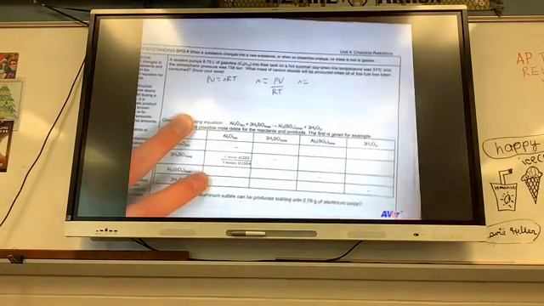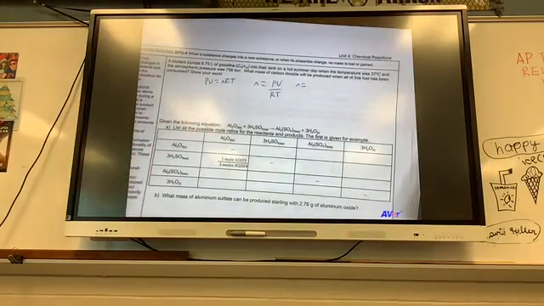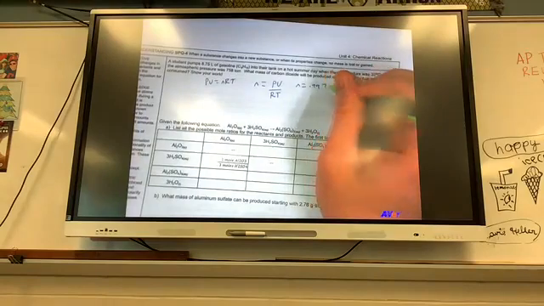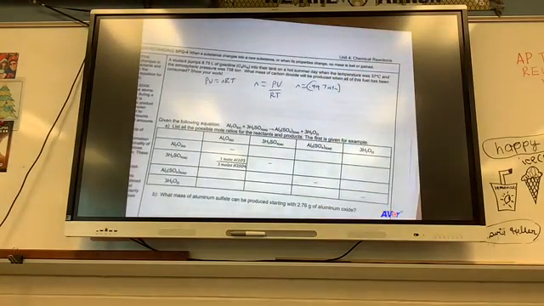760. So n equals... Why would they make it 758? It's 0.997, I'll just tell you. ATM, because you have to convert to ATM, right?